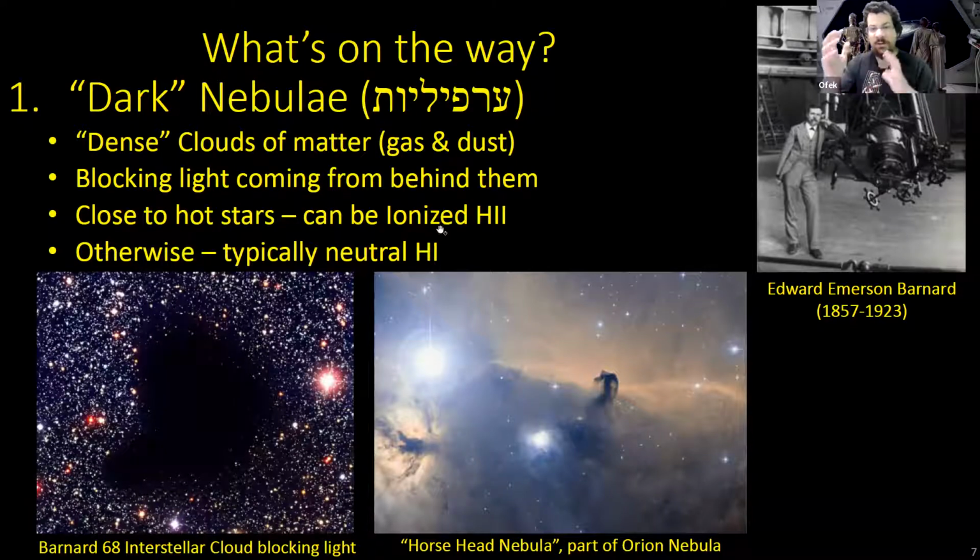And so we already have these different types of nebula, and the constitution, whether it's ionized or neutral hydrogen, will affect the opacity and scattering processes, which will affect the color and the radiation coming out through these nebulae. Again, responsible for all these spectral and coloring effects. Okay, so that's the first thing that's on the way.